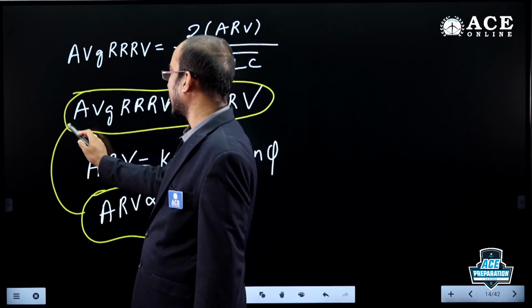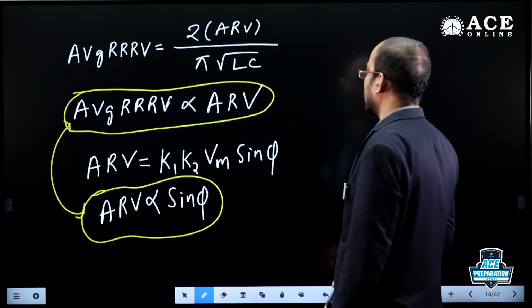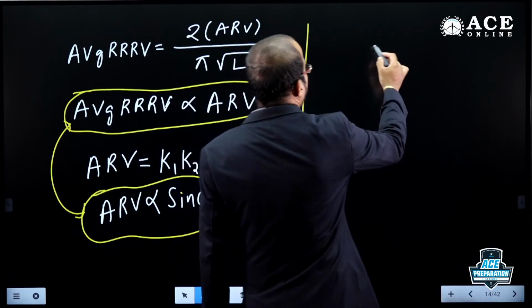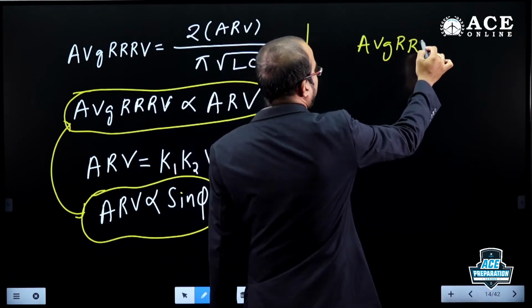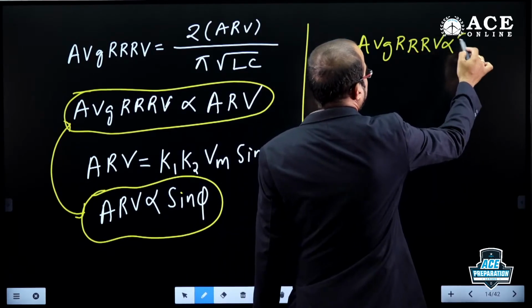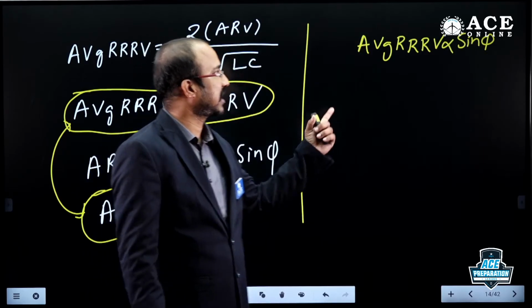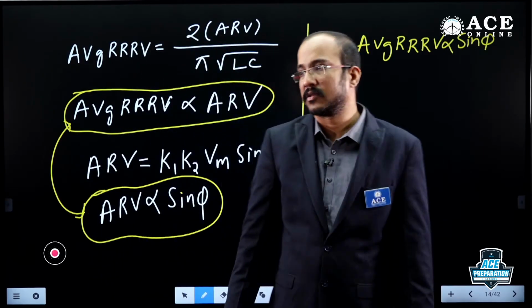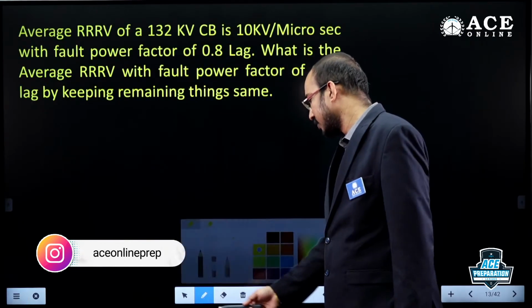Average RRRV is directly proportional to sin phi. Yes or no? So we can write average RRRV directly proportional to sin phi. Now by using that, can we solve this problem?